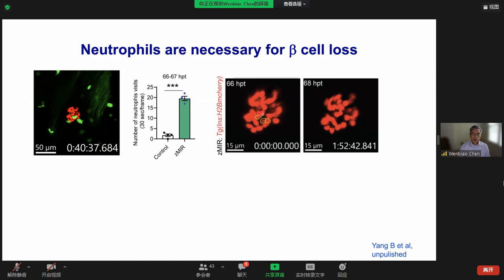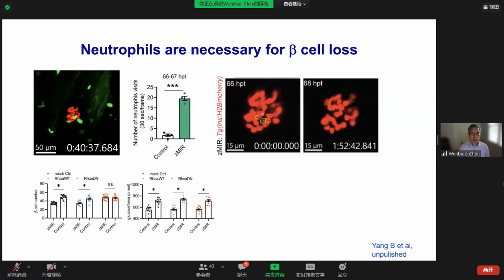And to determine if neutrophil is necessary for the beta cell loss, we use two different approaches trying to manipulate neutrophil function. In one, we expressed a dominant active RhoA, which is necessary for neutrophil chemotaxis, or neutrophil movement to the target site, and that can prevent beta cell death, but does not prevent the loss of glucose homeostasis.